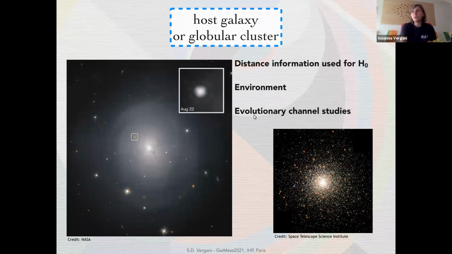And it is also very important to study the environment of the binary system. This is important to determine the evolutionary channels of the stars that bring two massive stars to form a binary system of neutron stars.